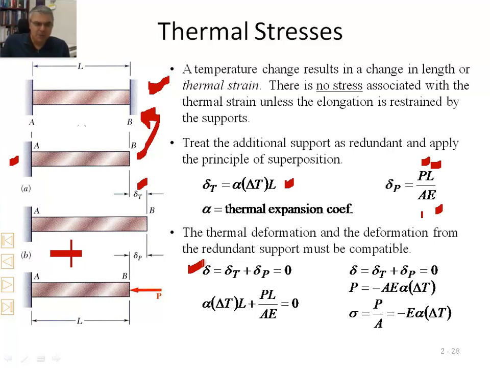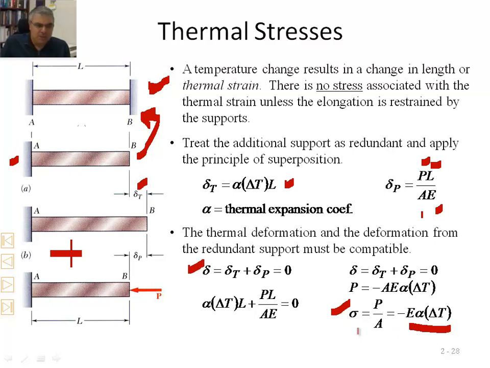Now, we set that to 0 because we don't want to have any kind of elongation. As a result, we can calculate the reaction, the force P that is required to stop this expansion, or we can do different types of manipulation to come up with stresses as a result of thermal strain.